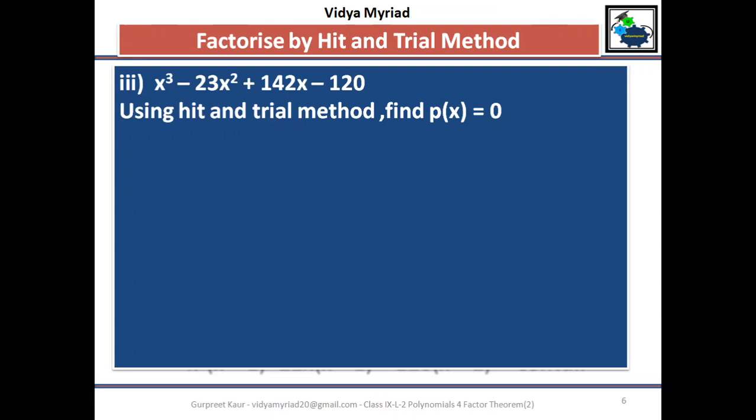So I will put 1 in place of x and find out whether I am getting 0 or not. If not getting, then I will use minus 1, then 2, then minus 2, then 3, then minus 3, and so on and so forth. I will keep trying till I get 0 as my p(x).